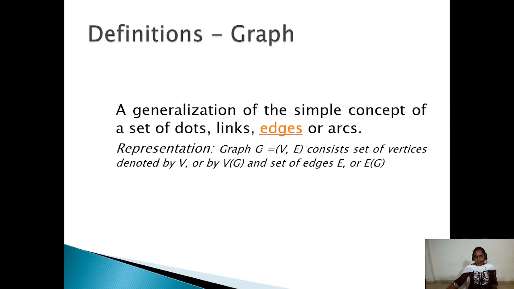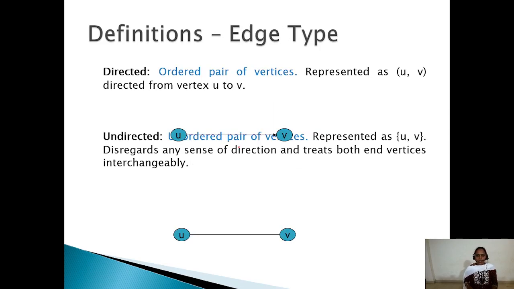In the representation of graph G of V, it consists of vertices denoted by V and edges denoted by E of G. There are a number of types of graphs, like directed graph, undirected graph, null graph, complete graph, incomplete graph, cycle, wheel. There are so many types of graphs.